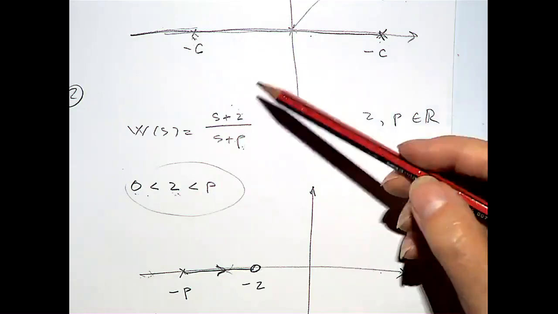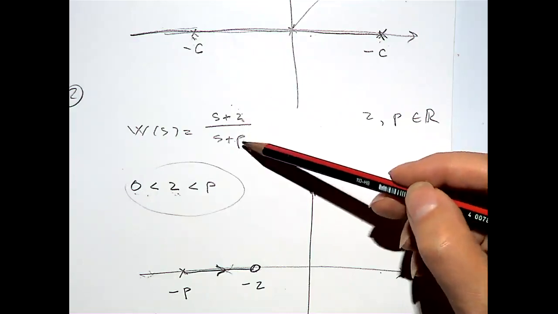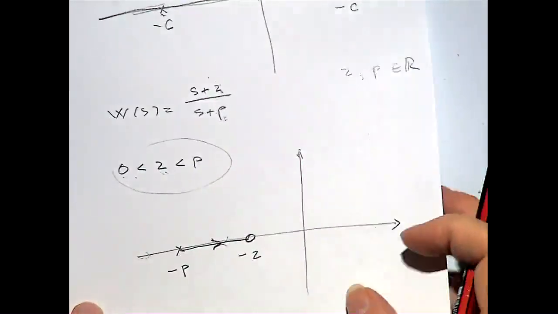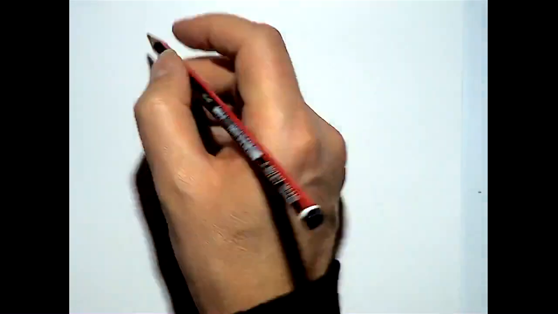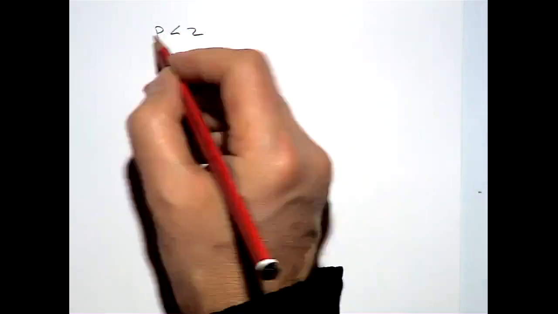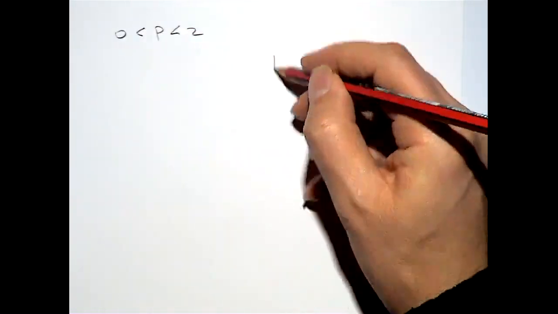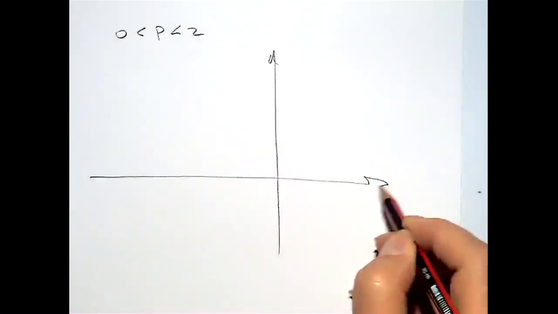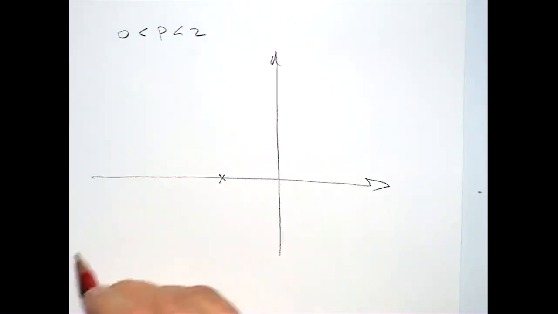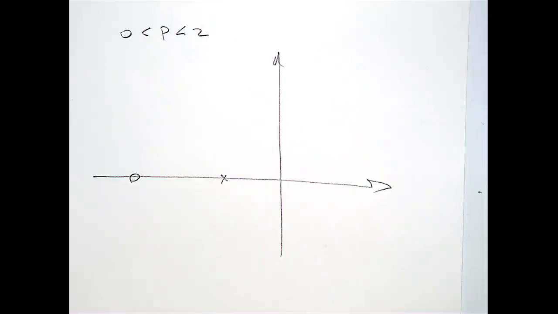What happens if we swapped pole and zero here? So let's consider the next situation. What happens if I assume that P is smaller than Z, and all of them are greater than 0. Then the pole would be closer to the imaginary axis, right?